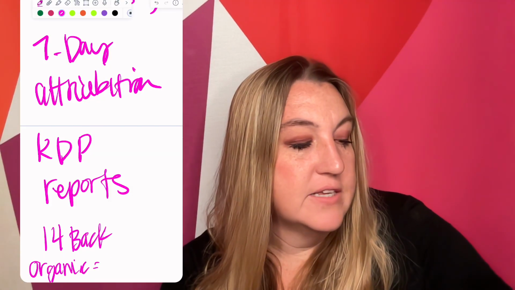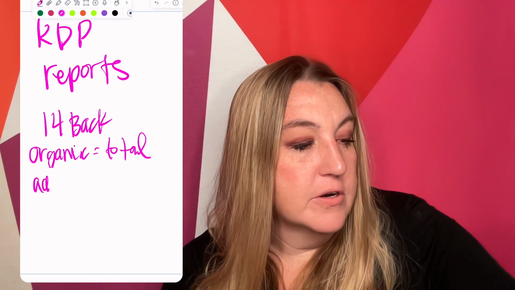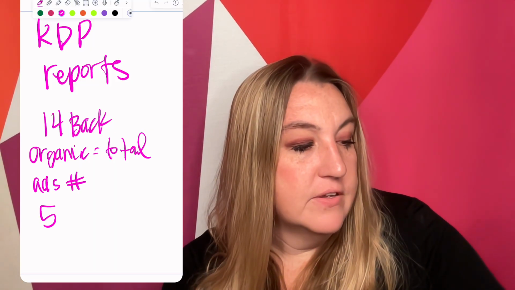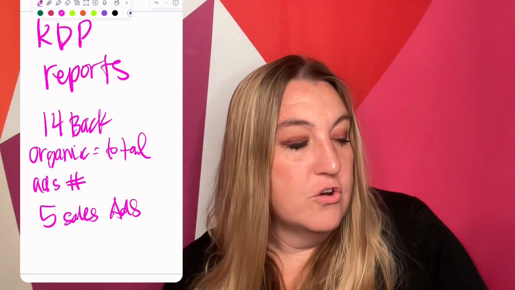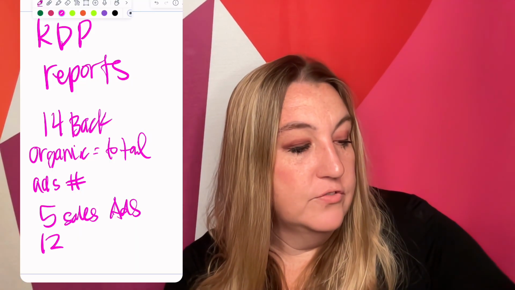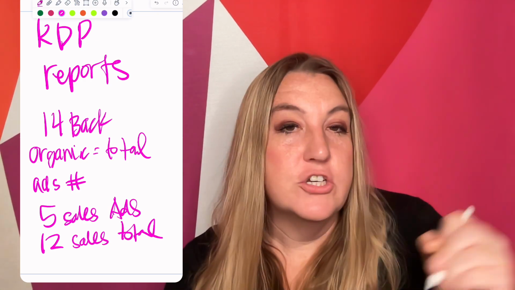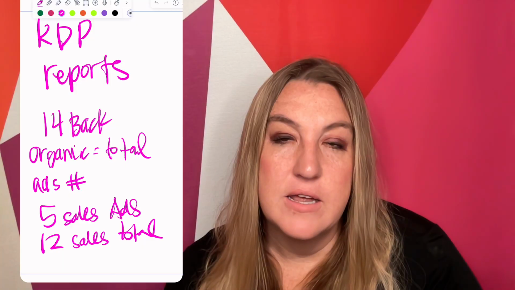Organic, I would say, is your total, but also look at ad numbers. Because if you're getting 5 sales with ads, but your entire account brought in 12 sales total, the chances that that came from organic because you had ads on is very high.